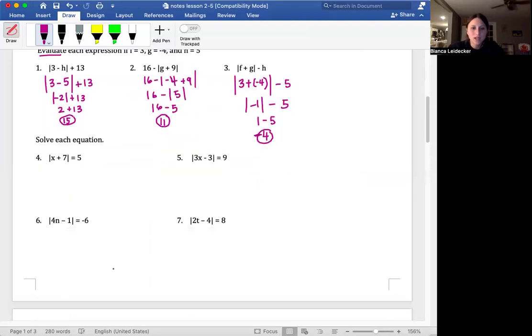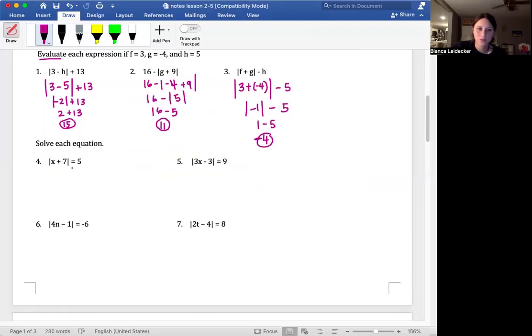Okay. Now we're going to solve an equation with absolute value. The thing we have to consider is that whatever we simplify and work out, because it's saying the answer is 5, I could have x plus 7 in absolute value giving me a positive 5 as a solution, or I can have x plus 7 in absolute value giving me a negative 5 as a solution.